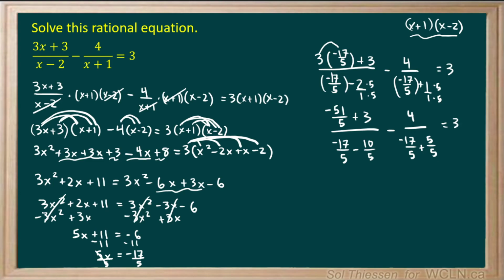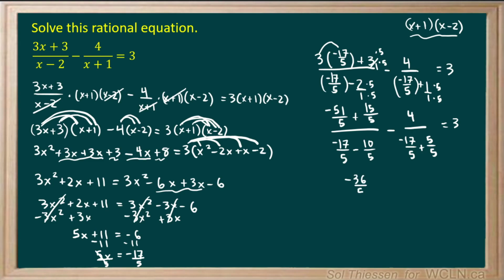You know what, while we're at it, we're also going to change this 3 to be over 5. It was originally over 1. Multiplying numerator and denominator by 5 allows us to change it to 15 over 5. Now we can perform some simplification. So negative 51 over 5 plus 15 over 5 in the numerator is going to leave us with negative 36 over 5.